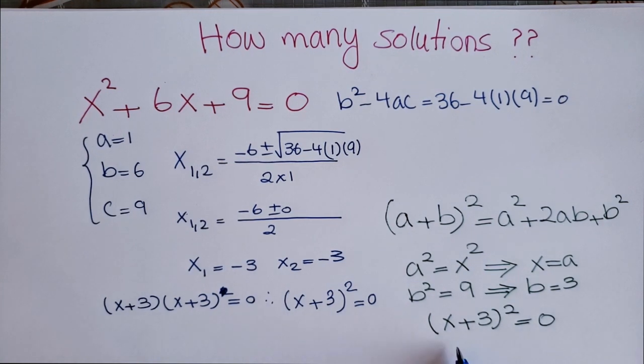So let's say here the roots are -3, and what does it mean? That means if the root, which is -3, is substituted back in the original equation, it should be equal to 0. So let's try. We put x equals -3 and see if it turns out to be 0.